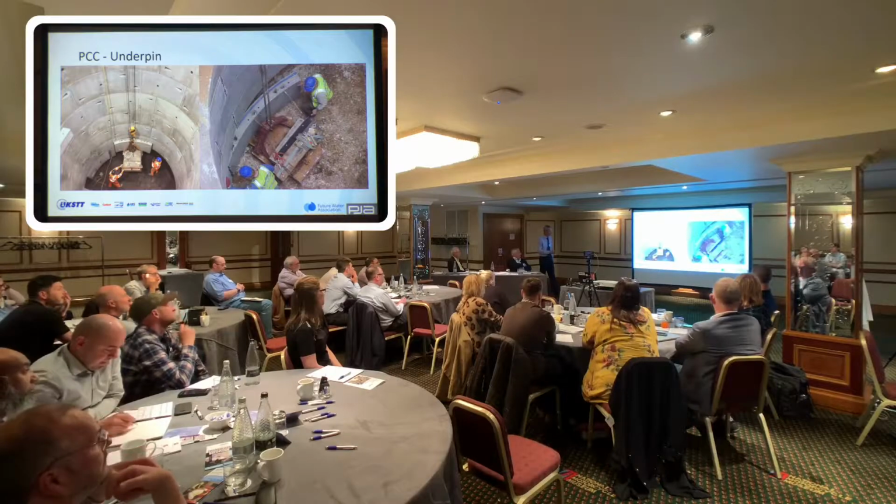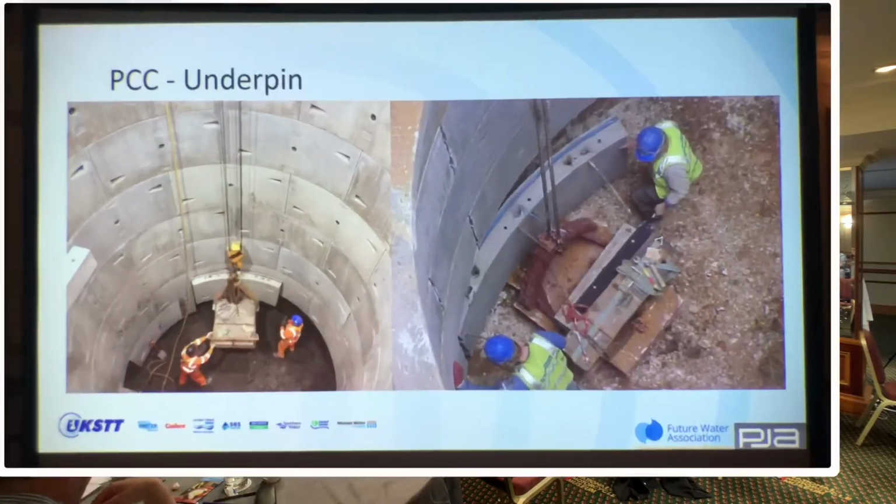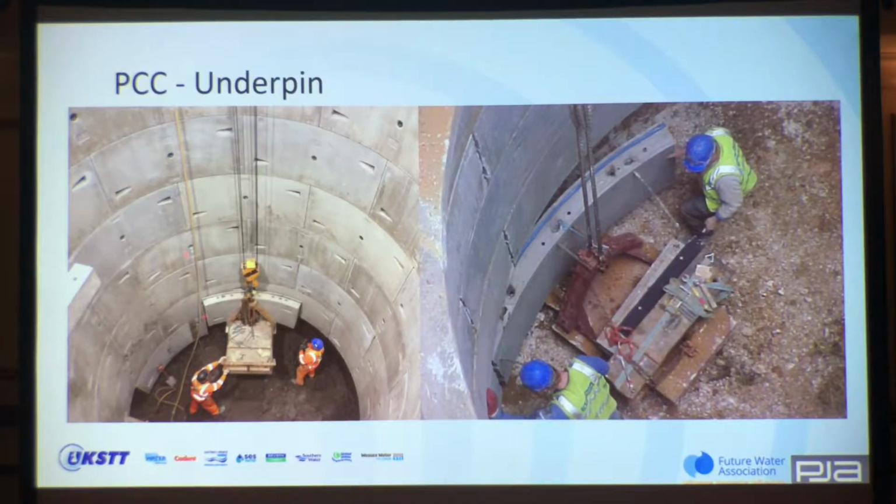So this is a precast concrete underpinned shaft. Because it's underpinned, your bolts have to be on the inside because you've got to access them. Basically what you do is you excavate the ground deep enough to take a 1 metre segment, so you might dig circa 1.2, and then the segments are lowered down the shaft on the building frame, and this is a counterweight to keep the segment level whilst you build it.